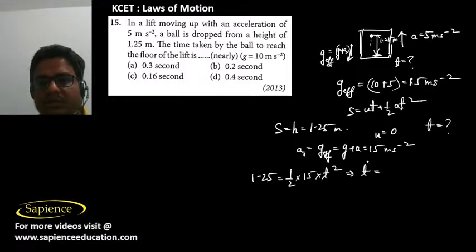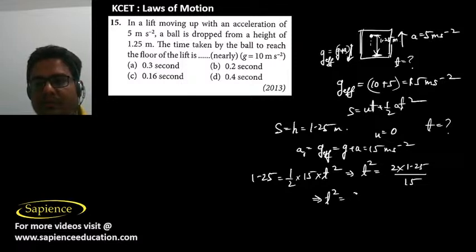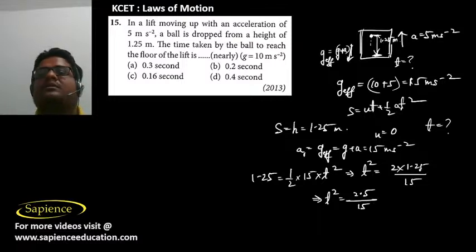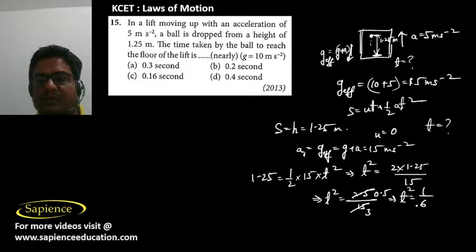So t square will be equal to 2 into 1.25 divided by 15, so this will be 2.5 divided by 15. 5 threes are 15 and 5 fives are 25. So t square is equal to 1 by 6, since 0.5 is half. So t will be equal to 1 by root 6.